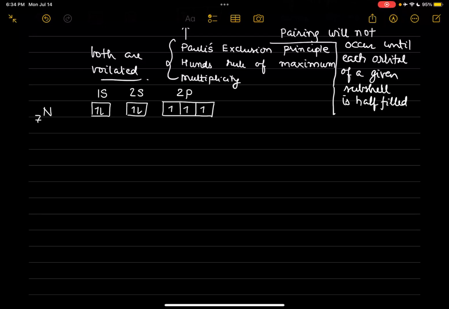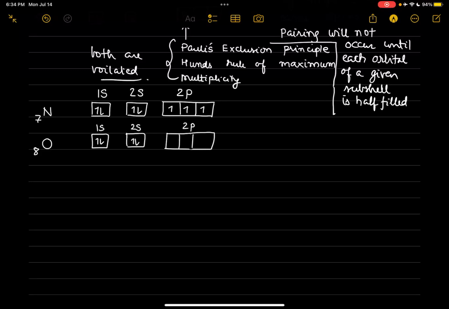Now you can help me, Maha, to fill electrons in the oxygen atom. How many electrons in 1s? How many in 2s? So first you can fill the first two boxes with opposite arrows. Then 2p.